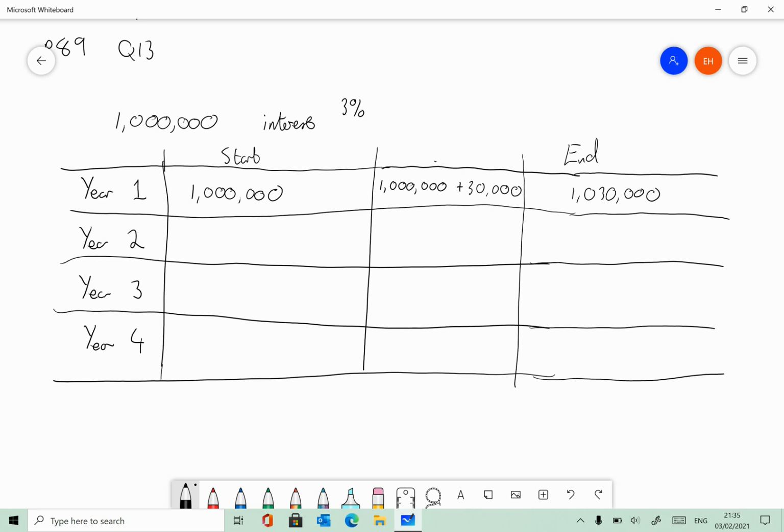So there was the original €1 million, and there was also this 30,000, which is the interest.